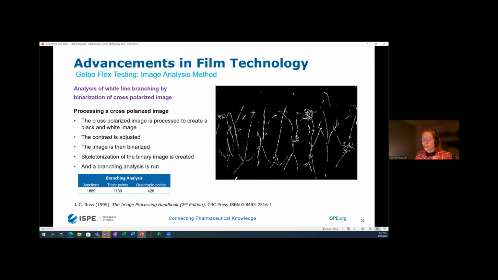Aspects of the output, like junctions and complex junctions, which are intersections of 3 or 4 branches, correlated to the degree of white lines formed and ultimately the flexibility of the mesh film composite. And so you can see here, there are all these little lines, and where you have all these branches connecting is signifying an area of higher stress. And this process quantifies the number and the degree of those white lines.